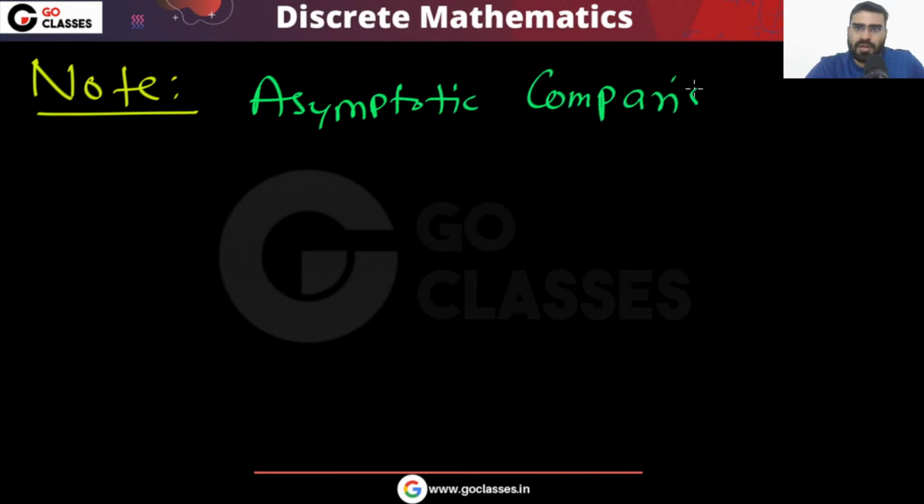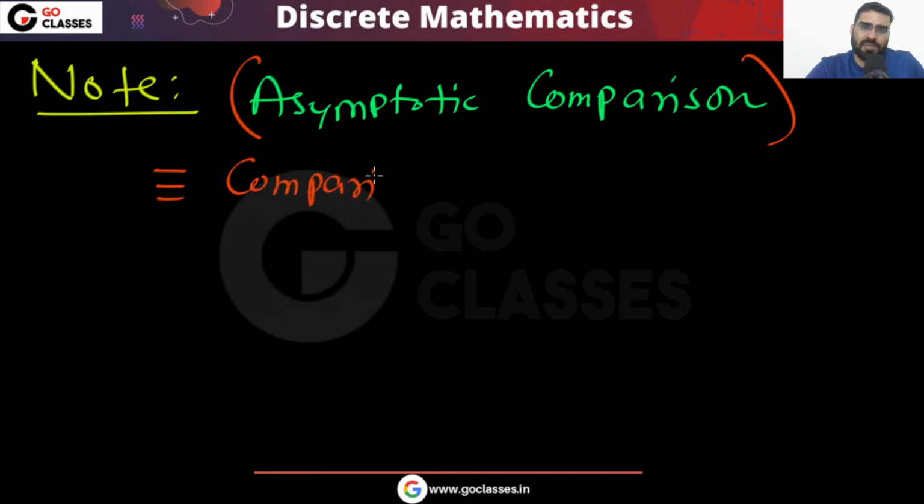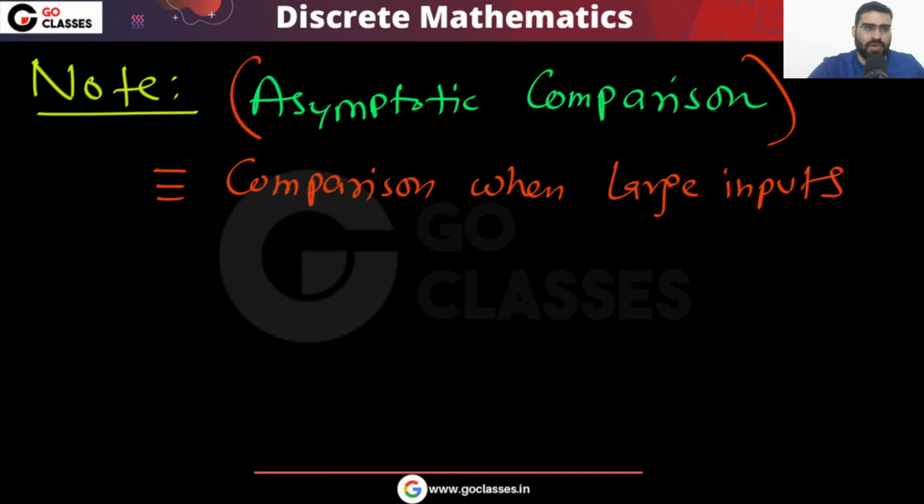Whenever you want to do an asymptotic comparison, this simply means comparing for large values, that is, comparison when the inputs are large.